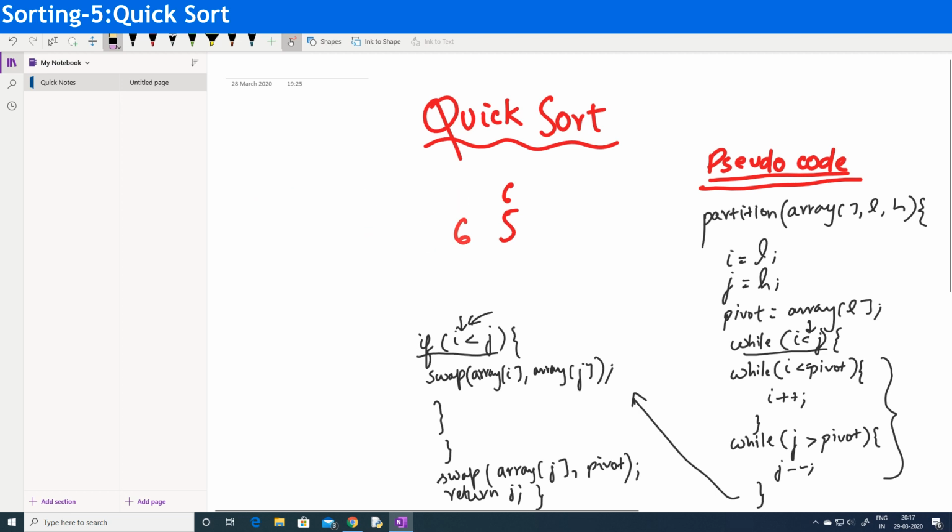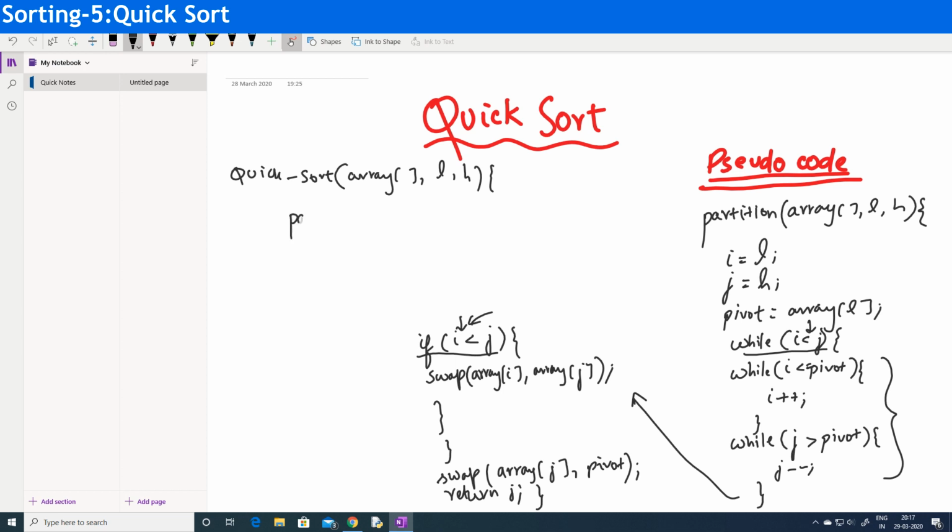Let me call this function quick underscore sort. Let us again pass the same three parameters through this function: array, low, and high. This quicksort function is basically going to call the partitioning algorithm and call itself recursively. Firstly, we'll be calling the partitioning algorithm.